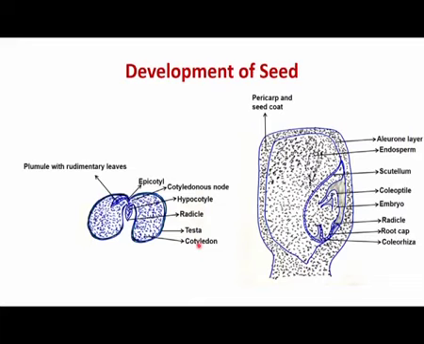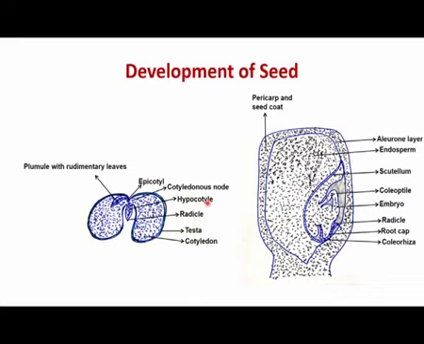The nucellus is generally used up during the development of the embryo, but in some cases it remains outside the endosperm in the form of a thin layer called the perisperm. The multiple structures present in the embryo sac develop into multiple anatomical structures within the seed.